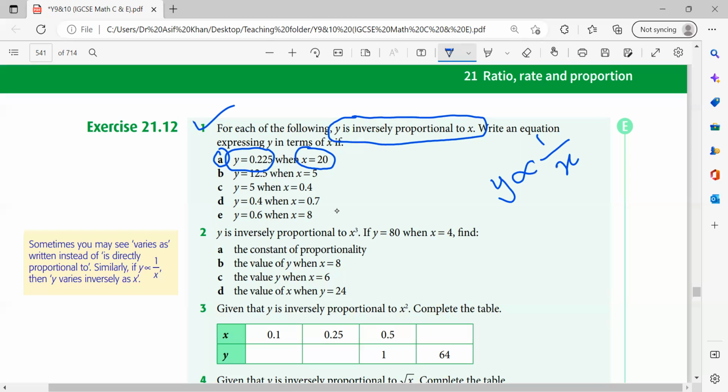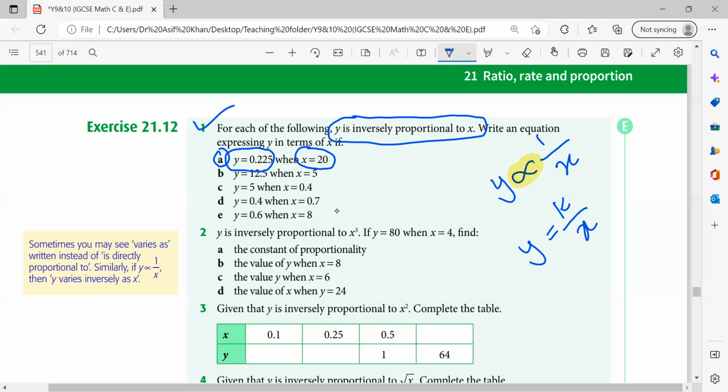So here, this is not the equation. Whenever you remove this sign of proportionality, what will come? You will write Y is equal to K over X, right?